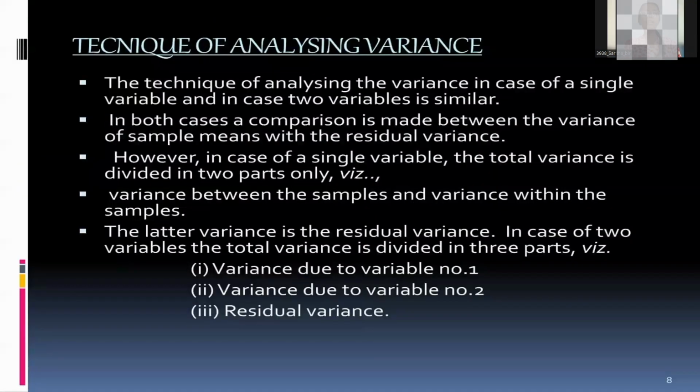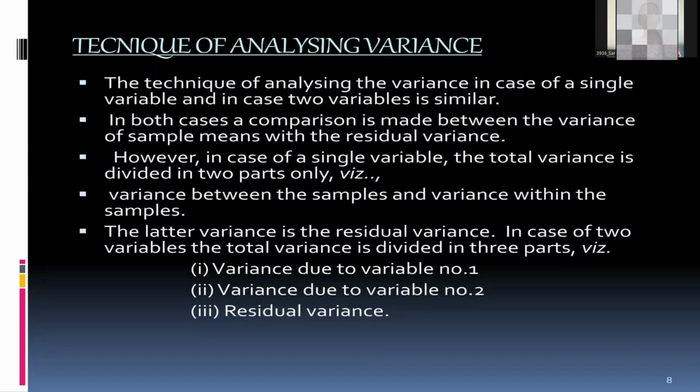The technique of analyzing variance. The technique of analyzing the variance in the case of a single variable and in the case of two variables is similar. In both cases, a comparison is made between the variance of sample means with the residual variance.